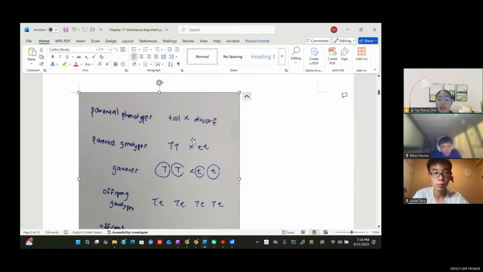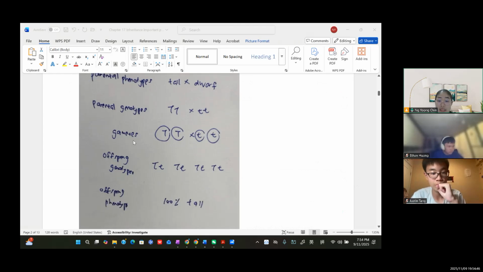And then you cross with a dwarf plant. So the dwarf plant will be two small t, which belongs to the recessive allele. So that's why the plant just appears dwarf, which means the plant is just very short. So this is gametes, okay? This is gametes. And then this is your offspring.